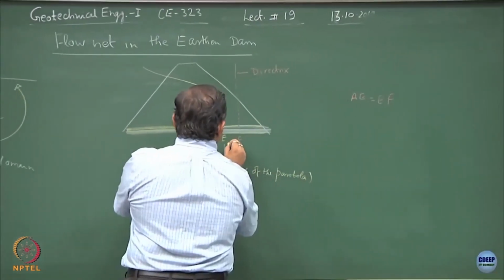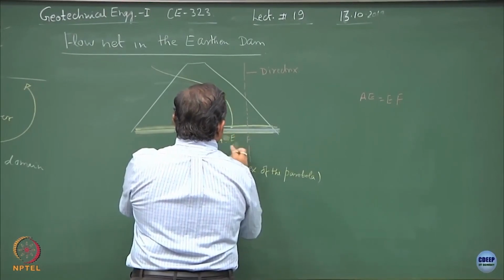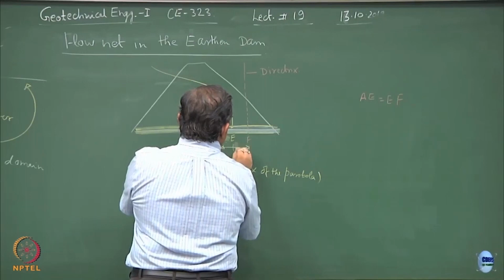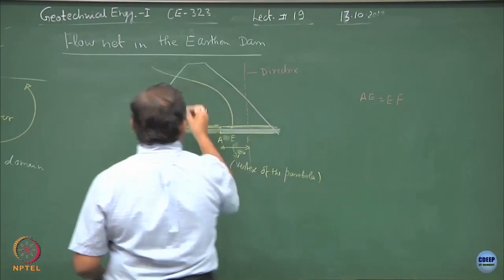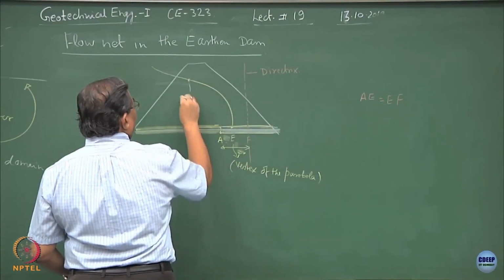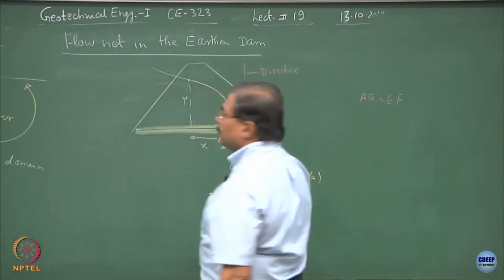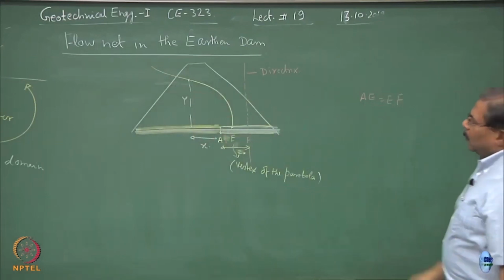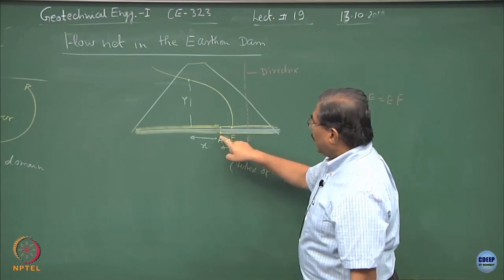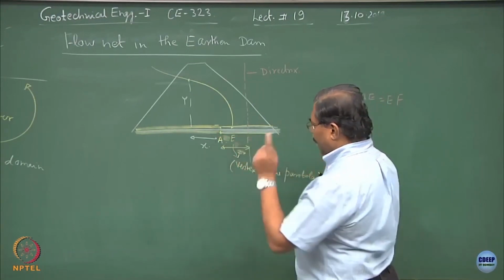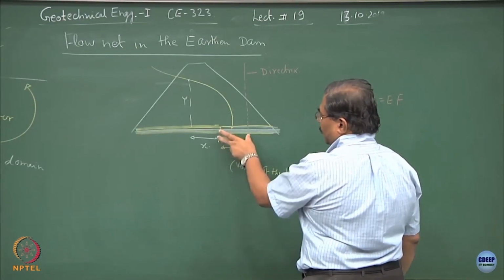So, suppose if I define this as Z naught or whatever, and if I consider a point here at Y and X. So, the moment I have fixed the directrix, I know the focus, I know the vertex E, and I am assuming that AE is equal to EF, total length of the filter is known.